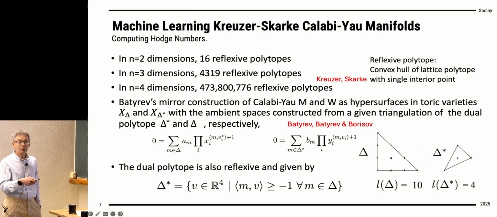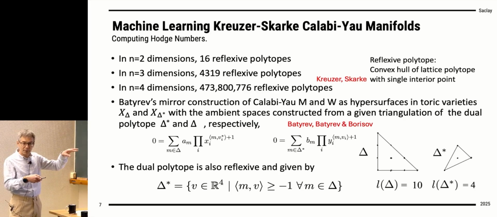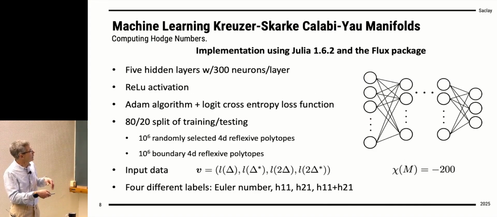What I'm doing is I want to train on the known Euler number for a set of polytopes. So I do a split.